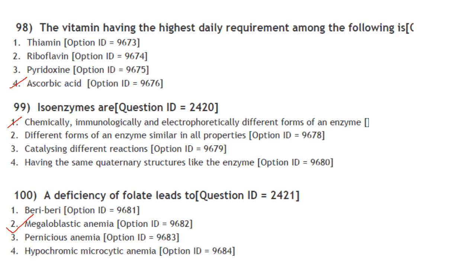Isoenzymes have similar but not identical amino acid sequences, and they differ in multimeric quaternary structure. So different forms of an enzyme similar in all properties? No, they are not similar in all properties. Catalyzing the same reaction, that is correct. So 3 is not correct, they have told it as different reaction. Having the same quaternary structure like the enzyme? They differ in quaternary structure.